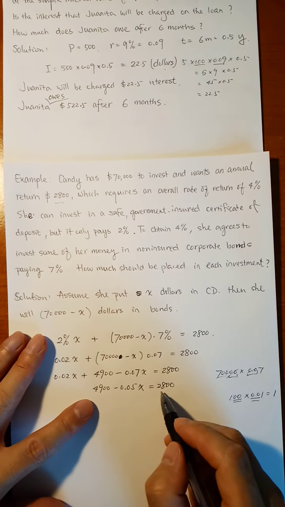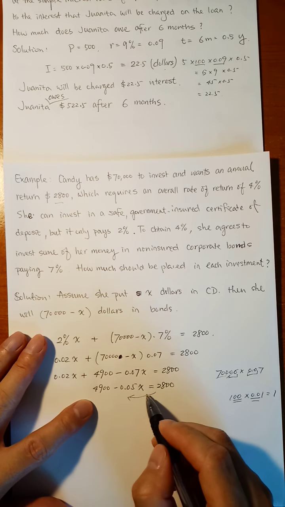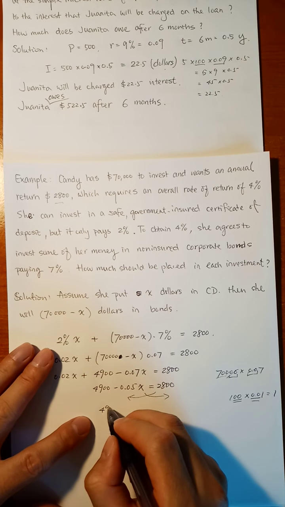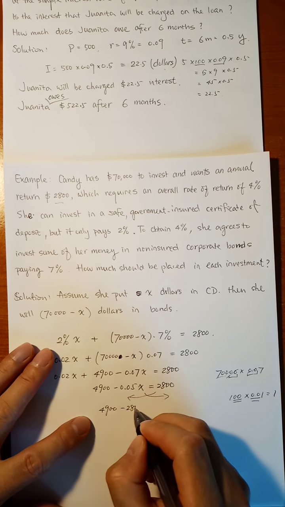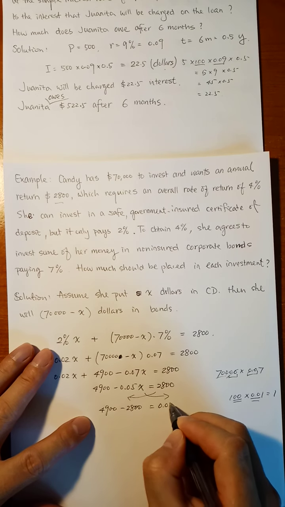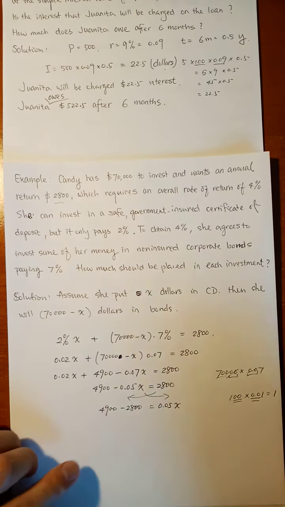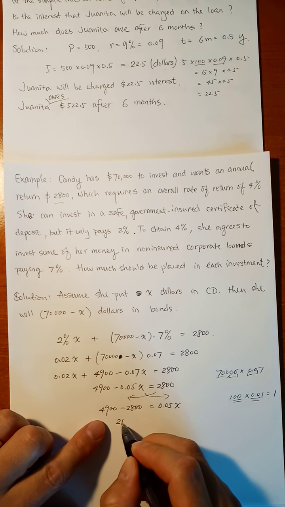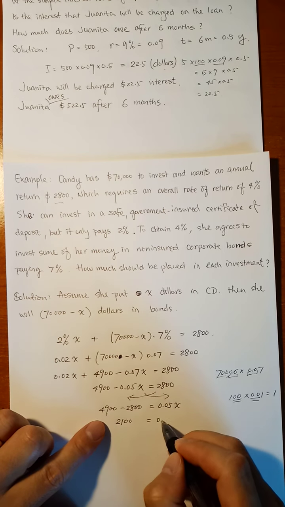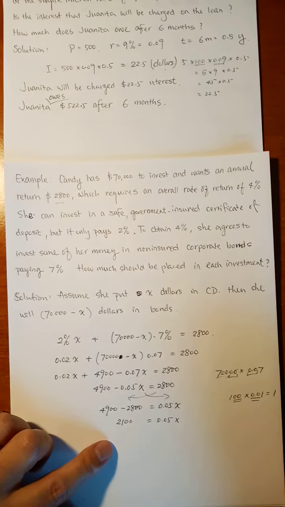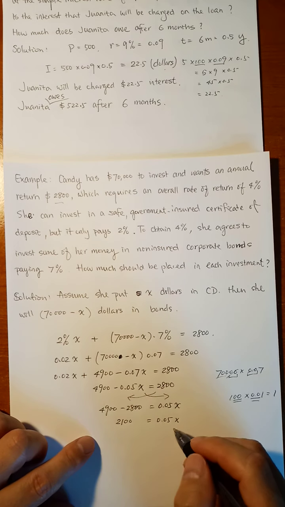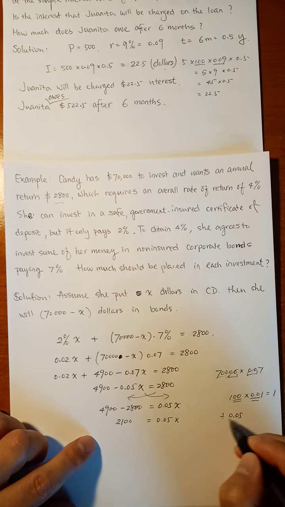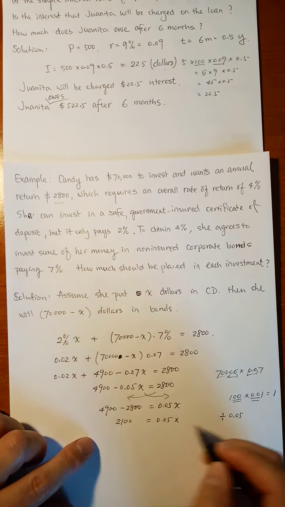Okay, and then you move the 2,800 to the left, 0.05x to the right. So this becomes $2,100 equals 0.05x. Then we divide the two sides by 0.05. Remember, always divide by the coefficient of x.